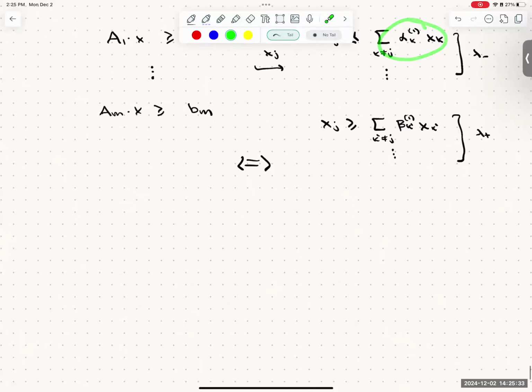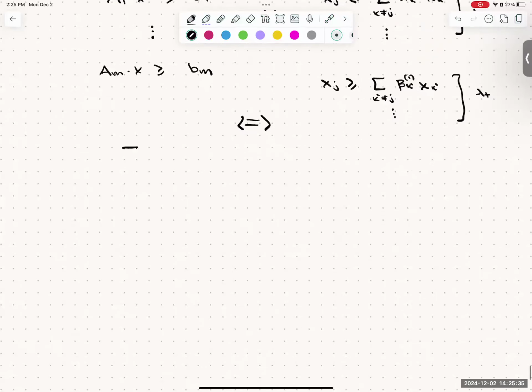So then you have stuff like this showing up: sum over k prime not equal to j of beta k prime, the Lth one, x k prime, less than or equal to sum over k not equal to j of alpha k, L prime.